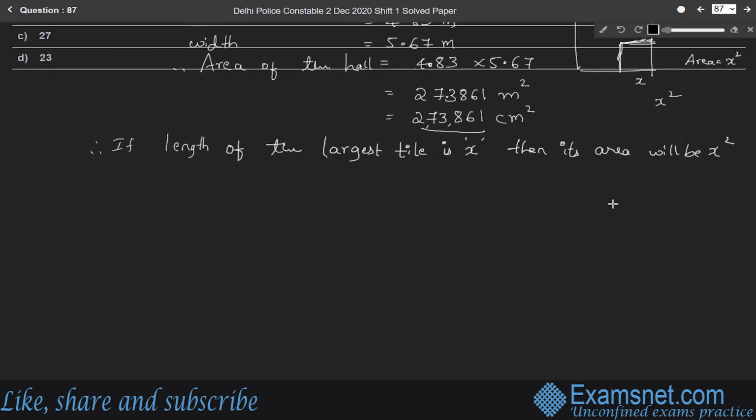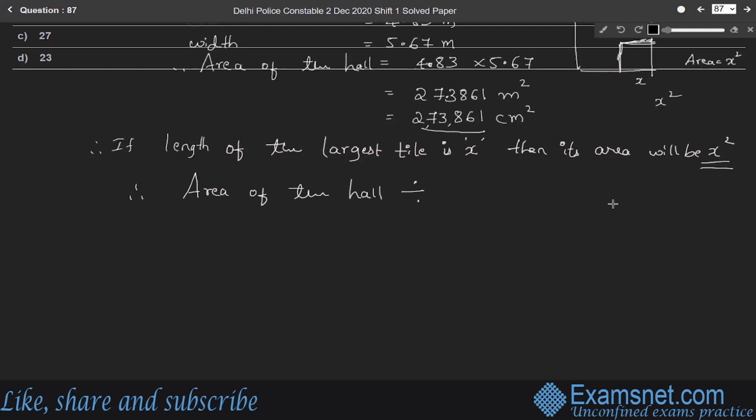Therefore, area of the hall divided by x square, it divides the whole area into some equal parts. So that equal parts becomes total number of the largest tiles, right?